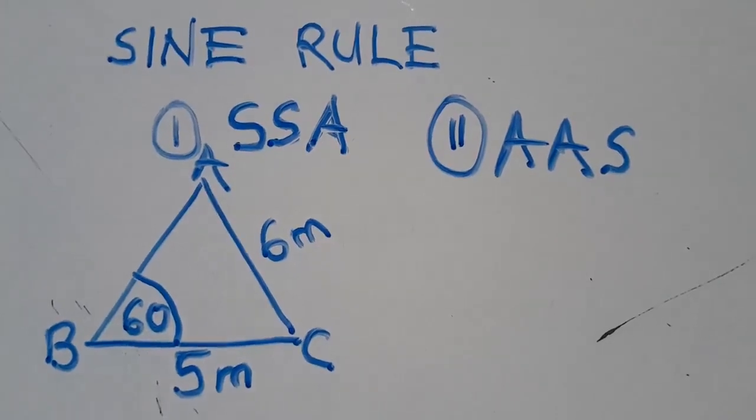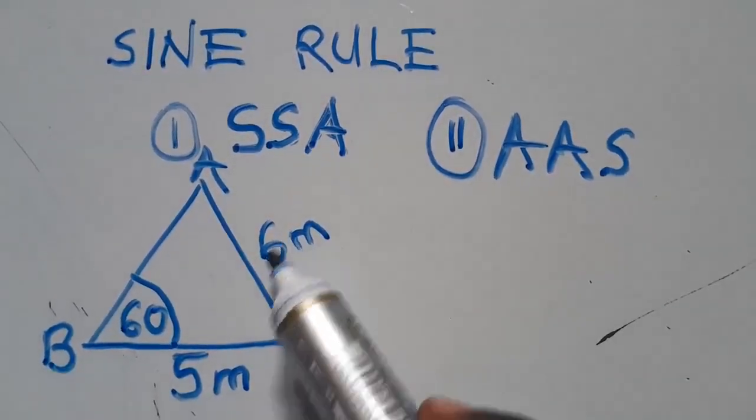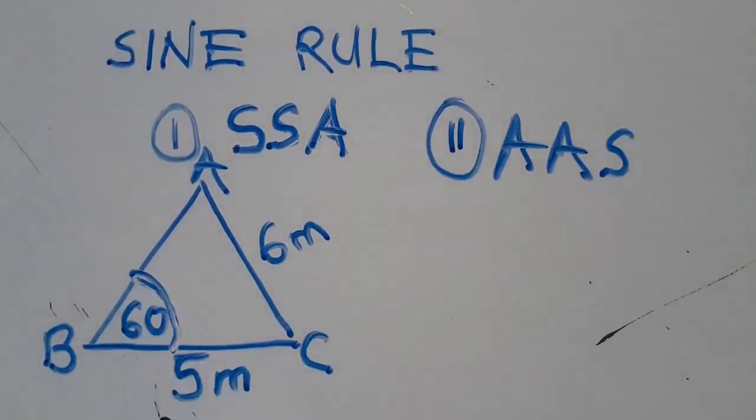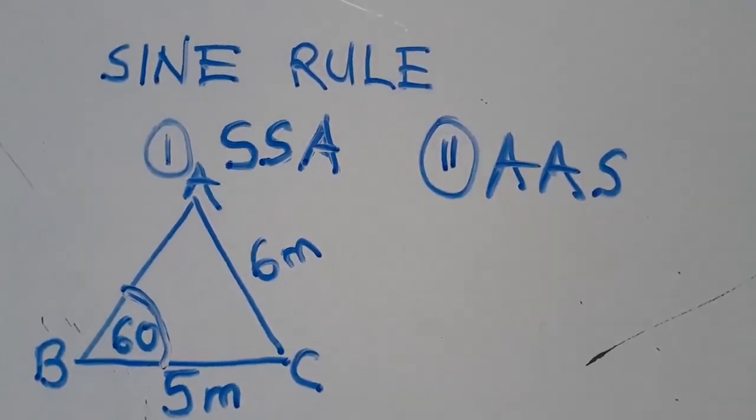Any triangle that looks like this, where the two sides are not putting the given angle in the middle, you are supposed to use the sine law.